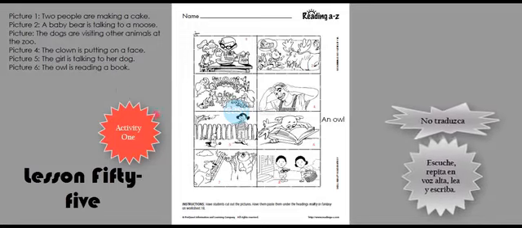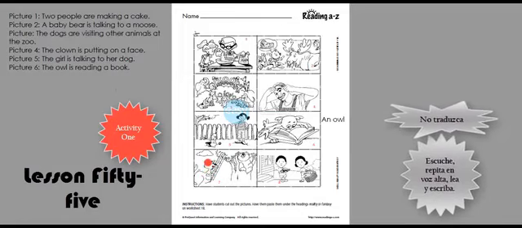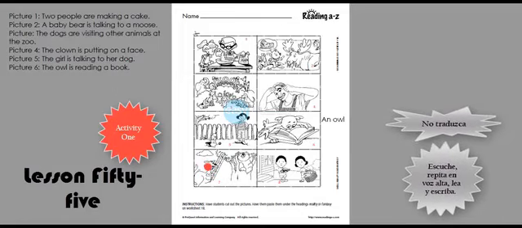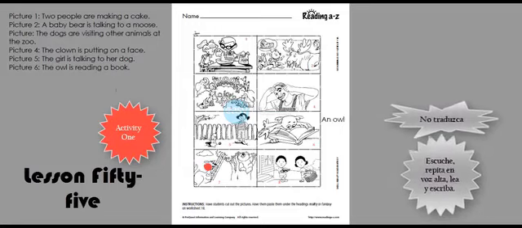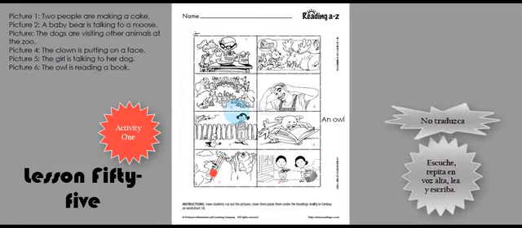In picture 7 here, there is a kangaroo. This is a kangaroo. And this kangaroo is climbing up a ladder. This kangaroo is going up a ladder. This is a ladder. Look.